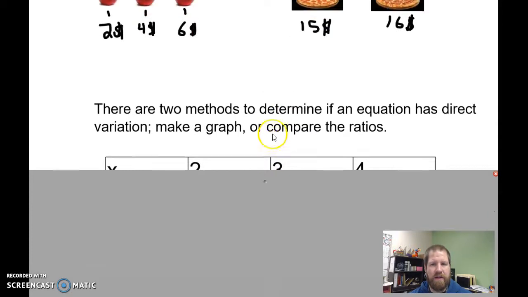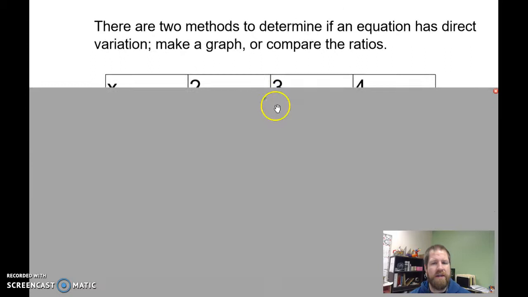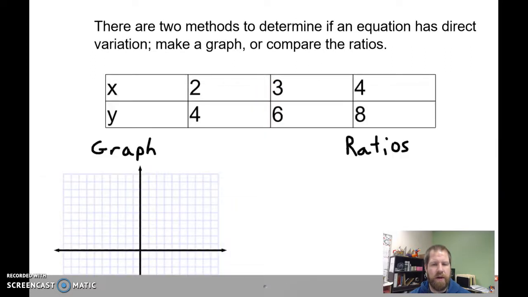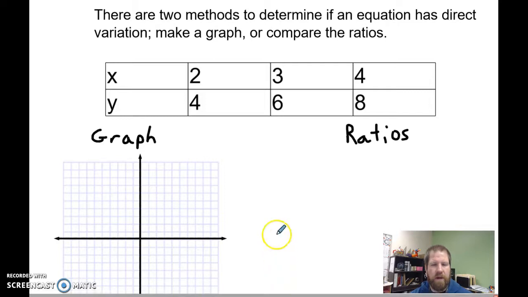The math itself is not too difficult if you can understand the difference between a linear equation and a direct variation equation. When we're given a set of data, there are 2 ways that we can look at it and determine whether it's a direct variation equation.